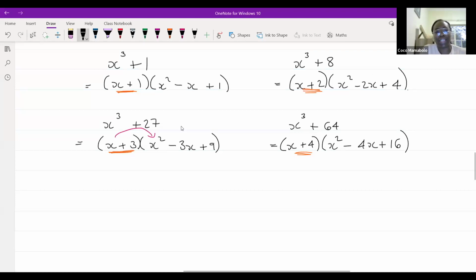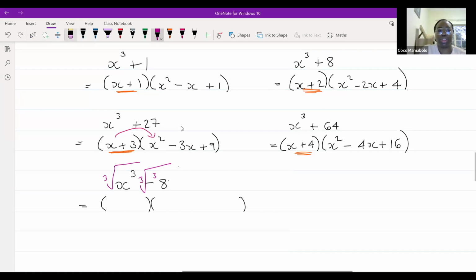If I say to you guys, I've got x cubed minus 8. Now, for my first bracket, I know I'm going to open a binomial and a trinomial, right? We already did this in class. What we're going to do to find the two binomials is cube root that first part and cube root that second part.